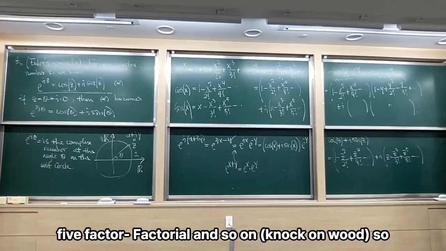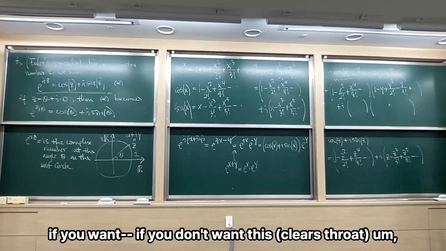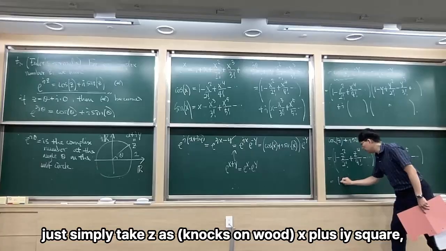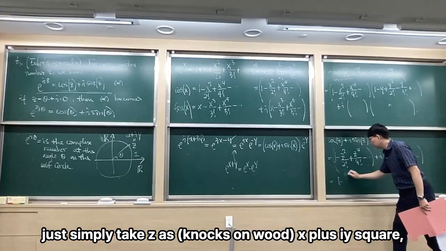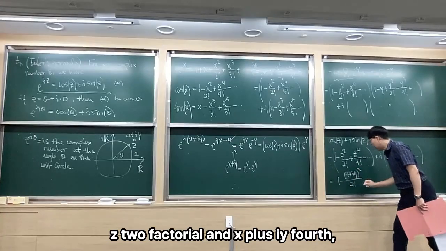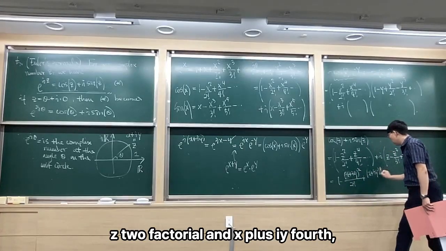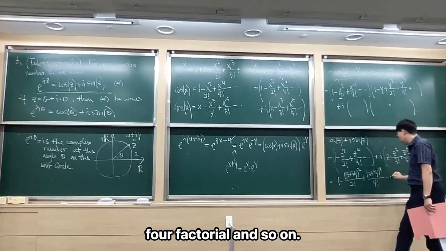So if you don't want this, you can simply take z as x plus iy, squared over 2 factorial, and x plus iy to the fourth over 4 factorial, and so on.